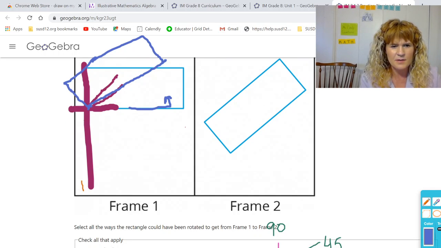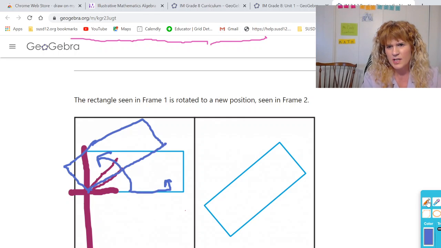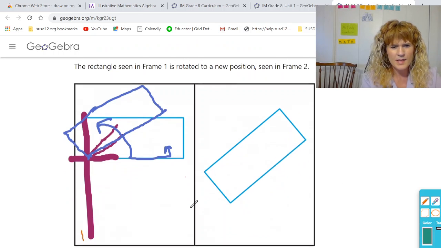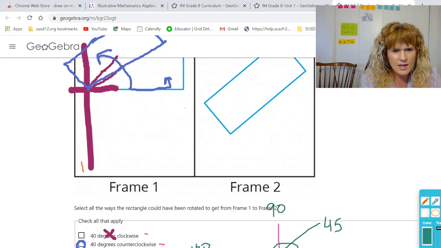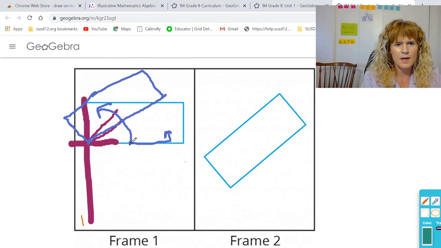Yes, I think so. Let's look at the next one. A 90 degrees clockwise. Okay, if this is 45 degrees, then 90 degrees would be if this bottom line came all the way up. Let me change colors to draw that in. Okay, and then what was that again? Clockwise or counterclockwise? 90 degrees clockwise. Oh, I need to go down. My mistake.